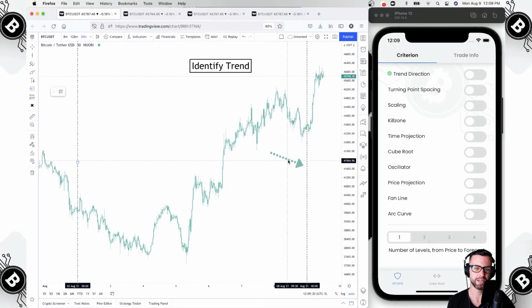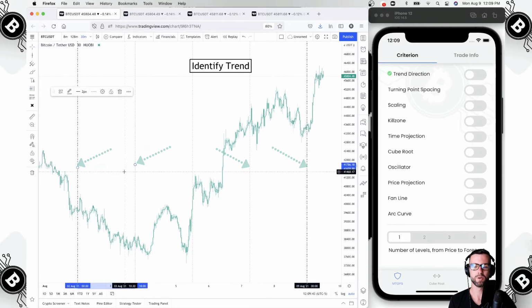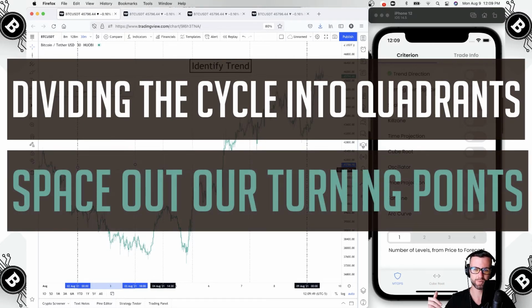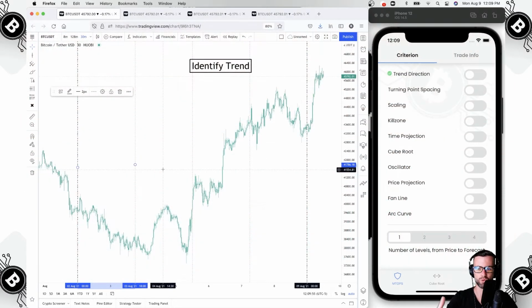Go across to the end of cycle, and then just drag your mouse backwards until you get 4 quadrants. So by dividing the cycle up into 4, we then get to space out our turning points, and this is going to be exponentially beneficial for your charting as you move forward.